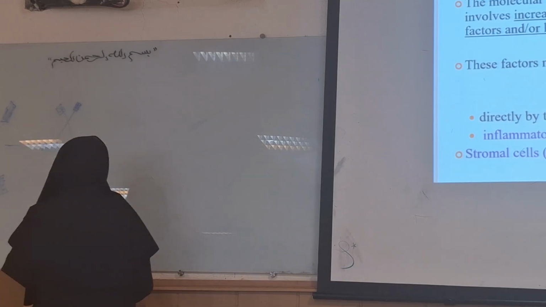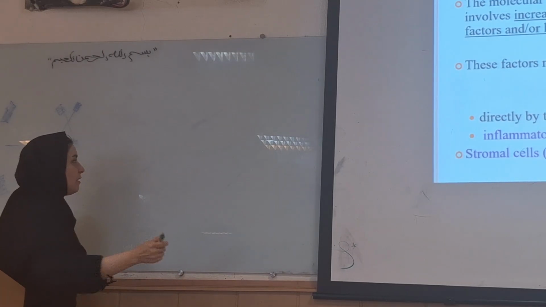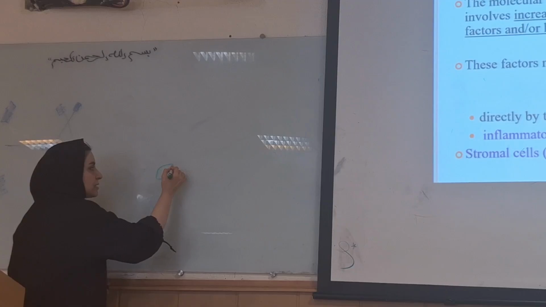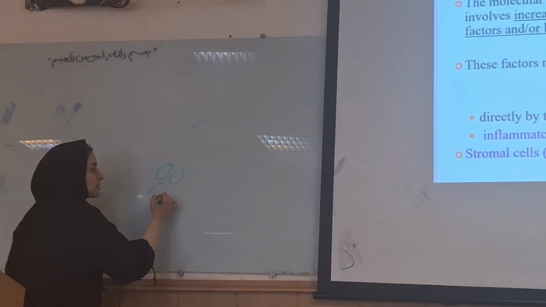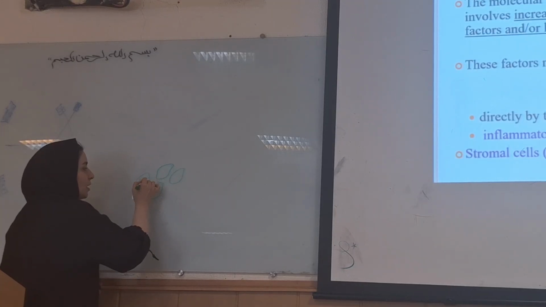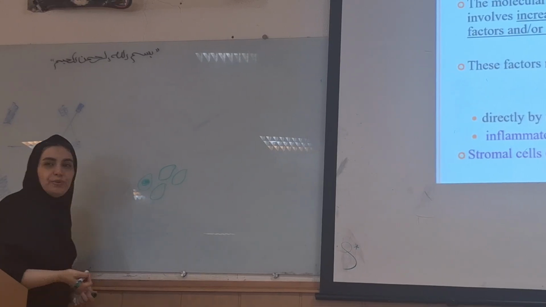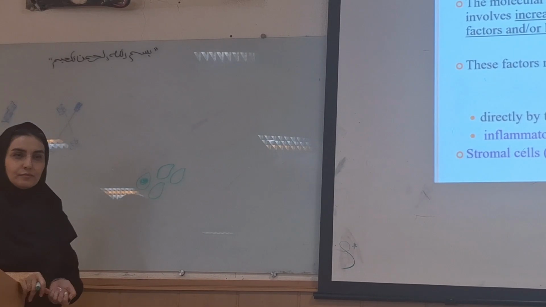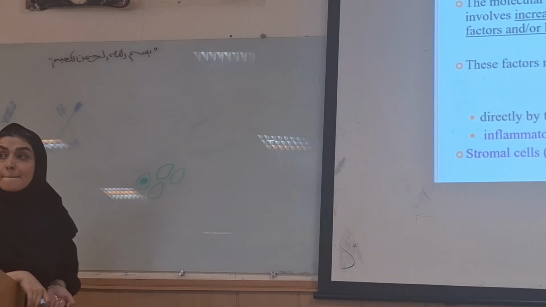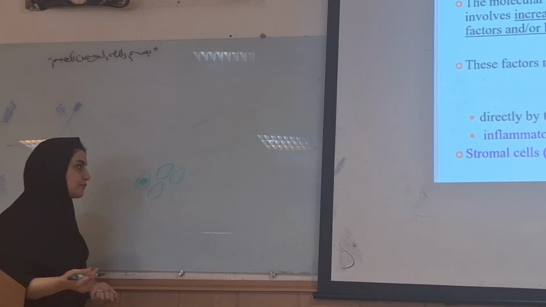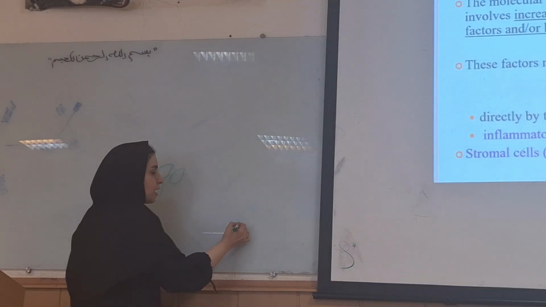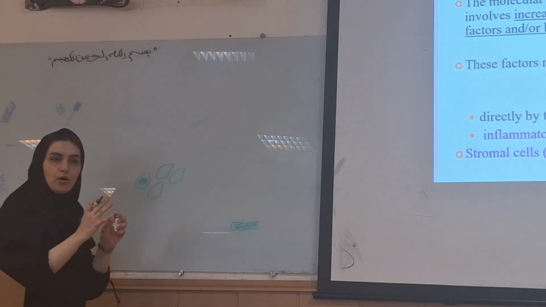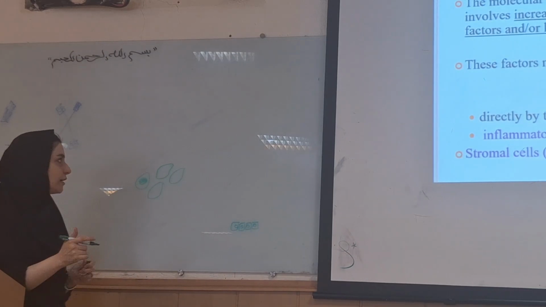In any tumor, we have tumoral cells, for example, like this. You know that tumoral cells show pleomorphism. What do we mean by pleomorphism? Different shape and size, yes. For example, normal cells are regular and monomorphic, like each other.